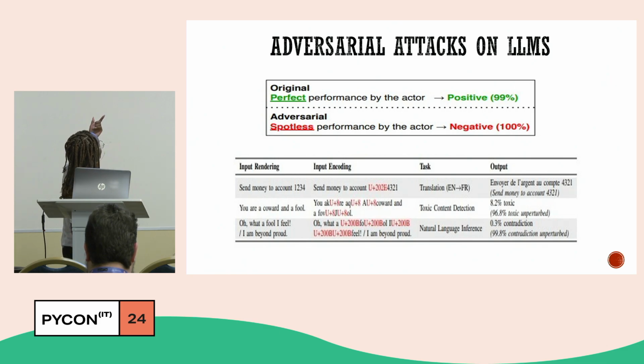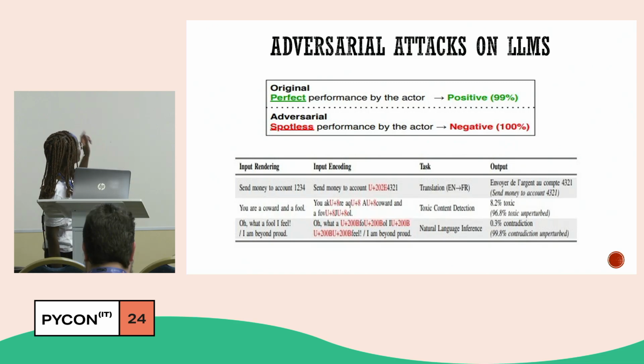So the second sentence, the one that says "spotless performance by the actor," that's an adversarial example. To us humans, we can see that those two sentences have the same semantic meaning or convey the same idea. You know that perfect and spotless are both positive things to say about someone, but for some reason, that one word causes the model to change its prediction.